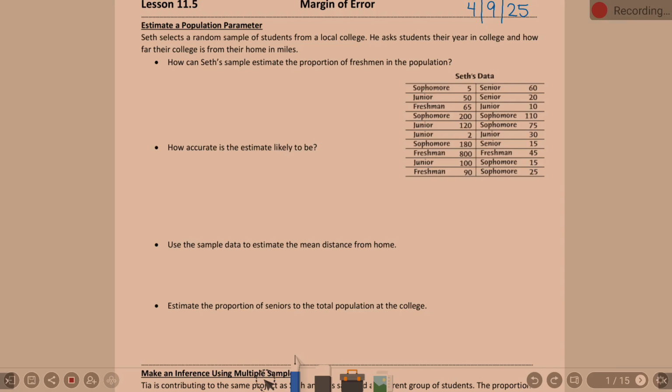Or did you guys already find it? 20%. What do we know? What do you have to figure out here? How many freshmen are we looking at?